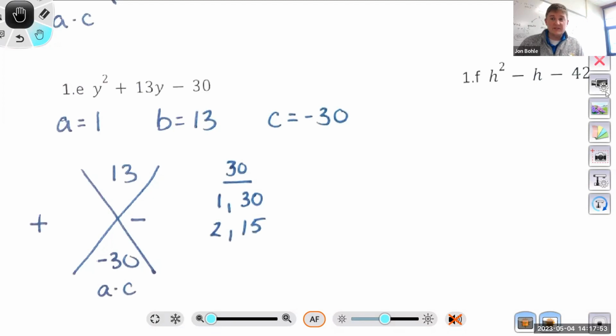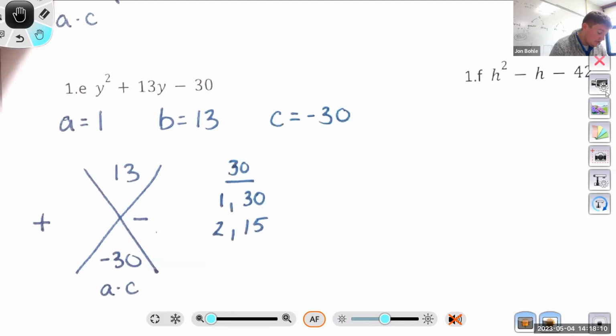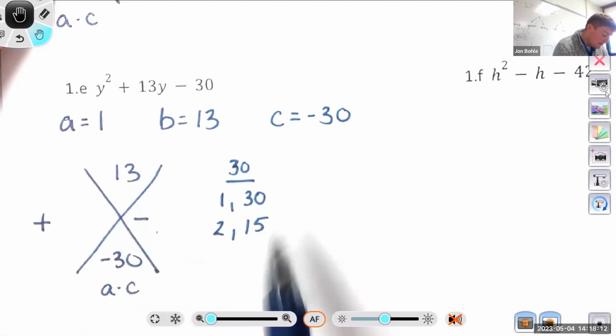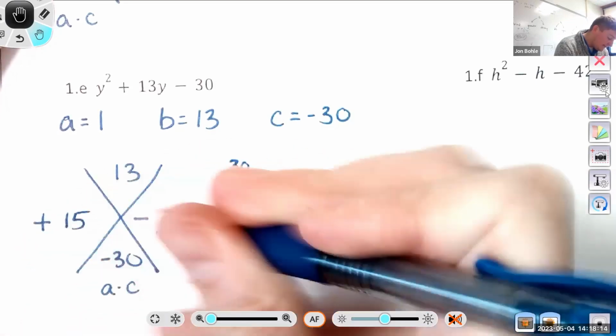Well, there's a couple different ways to think of this. First, you could just guess which one's negative and try. The other one would be to think about if I'm subtracting to a positive, that means the bigger number needs to be positive.